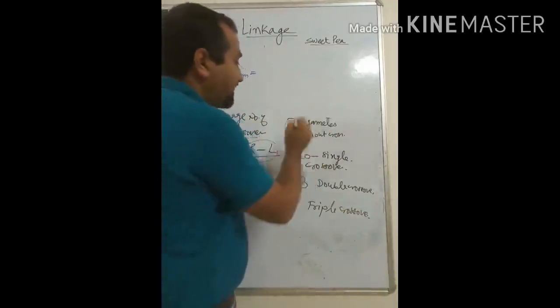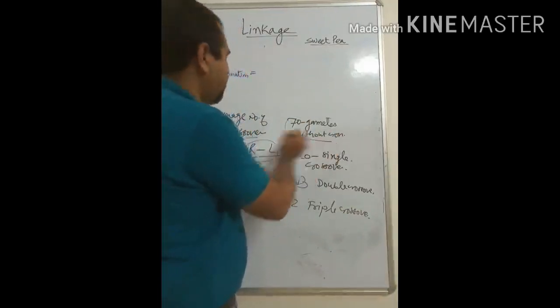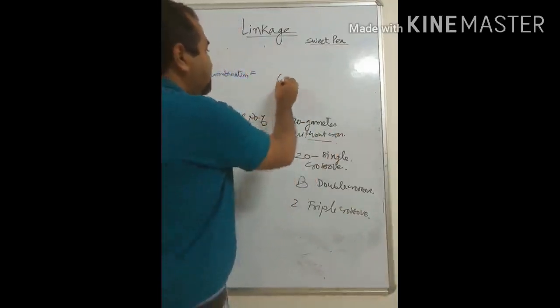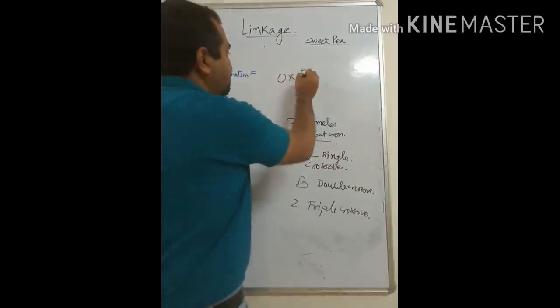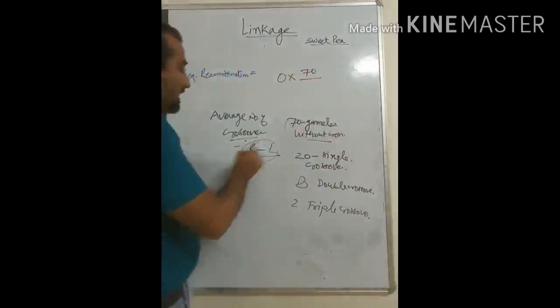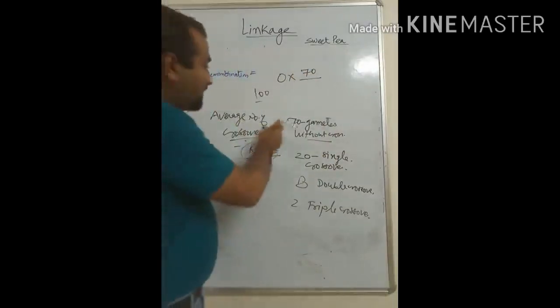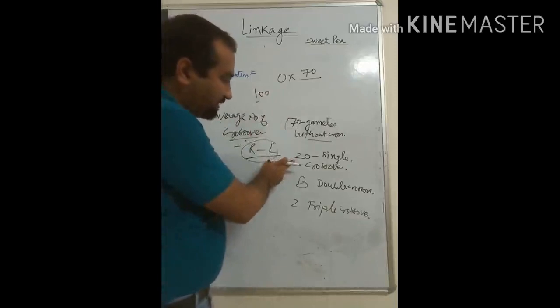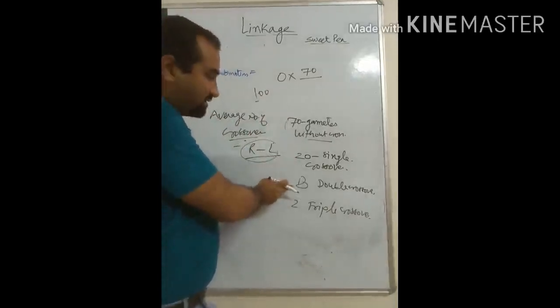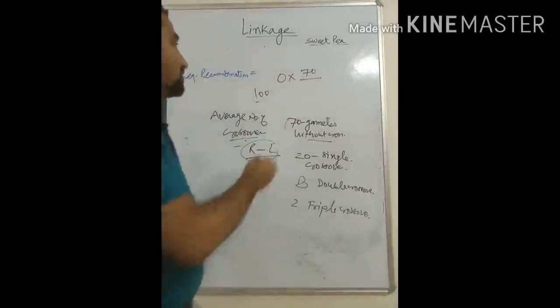Here 70 gametes are without any crossover between R and L. It means 0 into 70 upon 100, where we have 100 gametes: 70 plus 20 is 90, plus 8 is 98, plus 2 is 100.